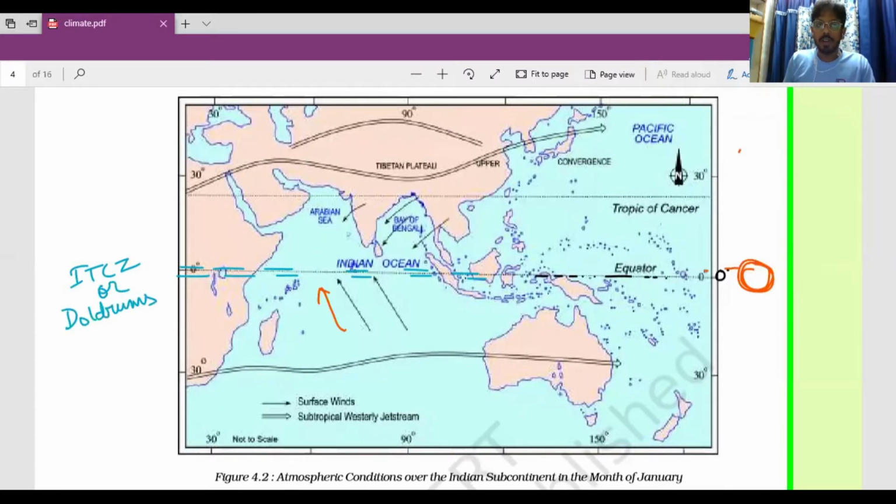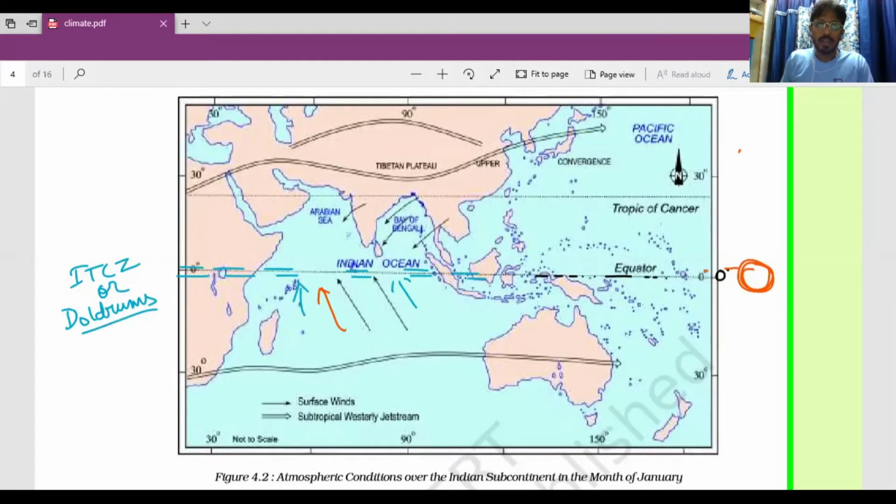We have already done it. And those who don't understand what is ITCZ and doldrums, they can view my last videos. Right? So ITCZ or doldrums, is it clear? When the winds are moving towards the equator.